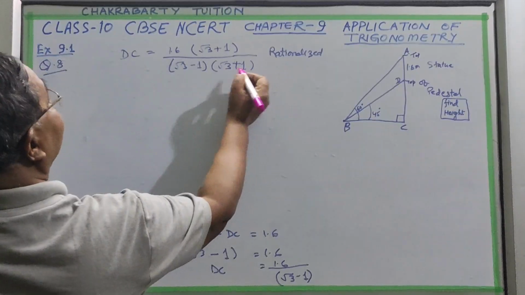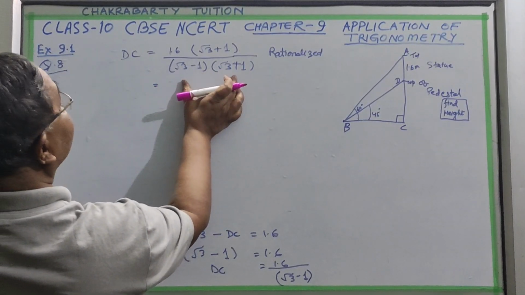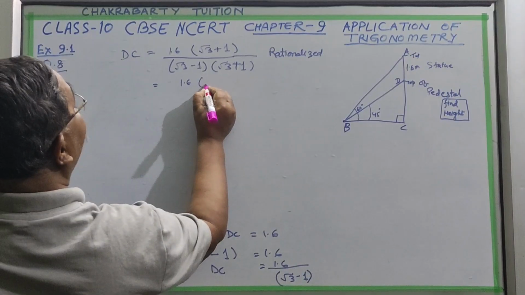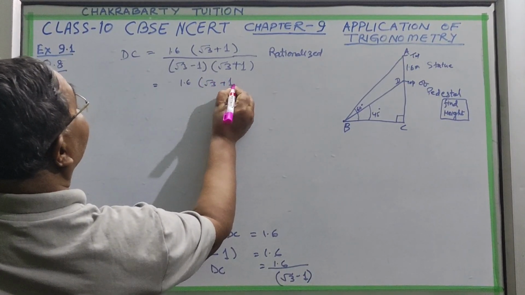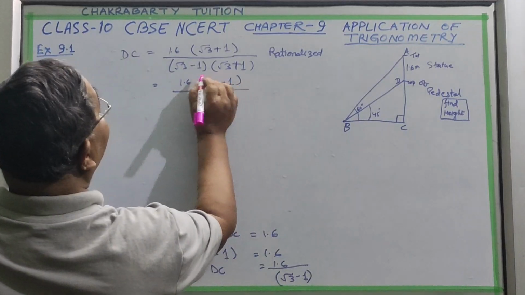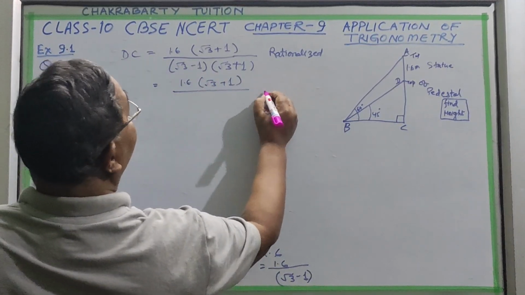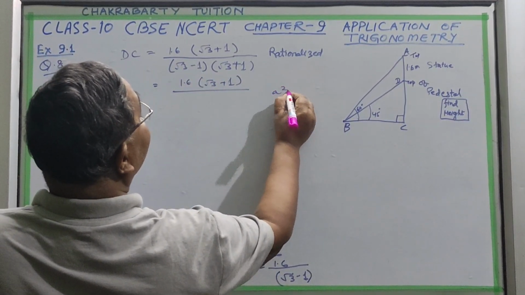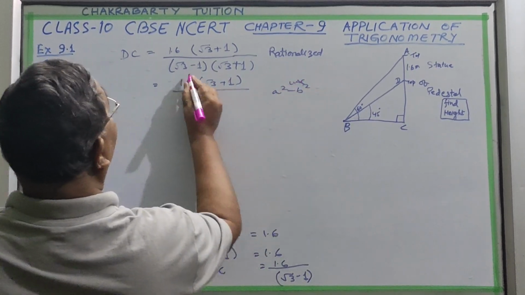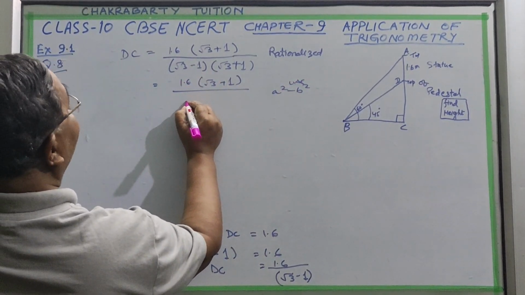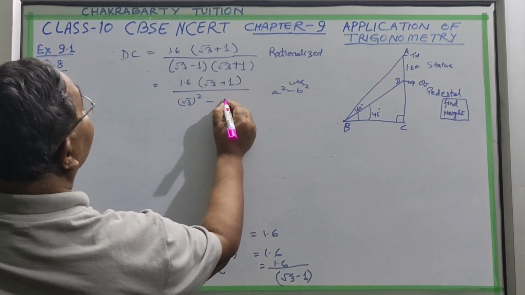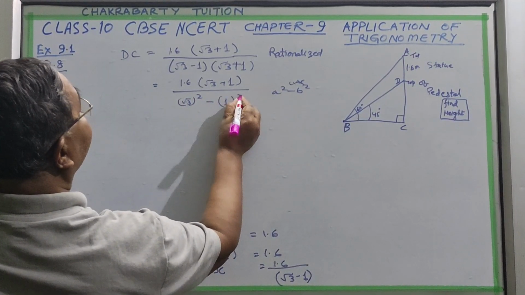For that we have multiplied this. So what will happen? The numerator will remain like this: 1.6 under root 3 plus 1 will remain on this side. But what will remain here? Here it will be a square minus b square, the identity used here. So it will be under root 3 squared minus 1 squared.